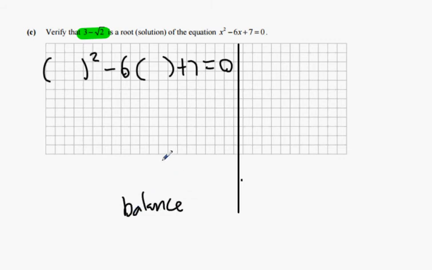So if this is a root, this means one of the answers to my question is this here. So all I have to do is replace it back in. 3 minus root 2 squared, 6 minus 3 minus root 2. I'm not going to multiply that out because I don't have to.